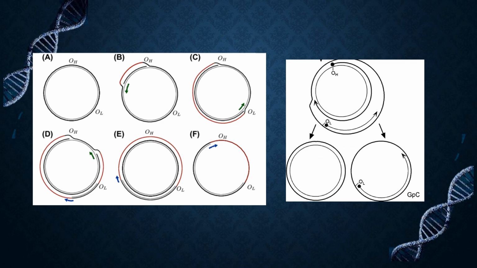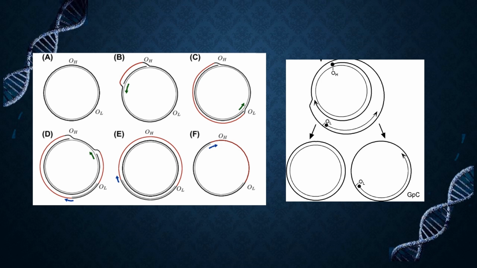So this is the schematic representation of the strand displacement model of replication. In the image it is clear that from the OH replication proceeds and one parental strand is displaced out to form a D loop that constantly expands.